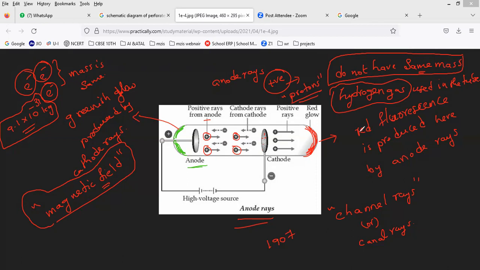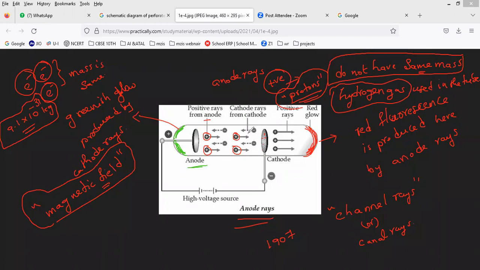When we pass hydrogen gas inside the tube, all the particles released are the same type of positive particles, and they are called protons. Have you all understood? Clear, everybody? So this is how protons, or positive charge particles, were discovered with the help of a perforated cathode.